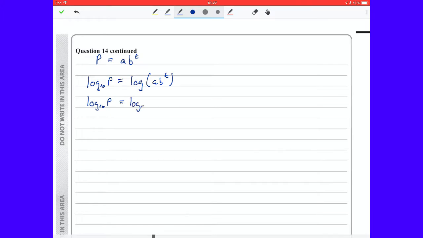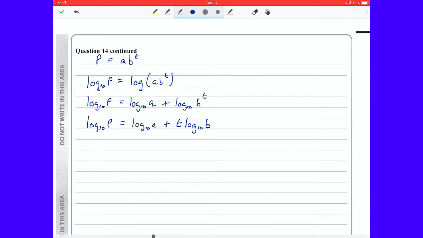The log of AB to the T is the log of A plus the log of B to the power T. And one final line of simplification. The log of B to the T is T log B.